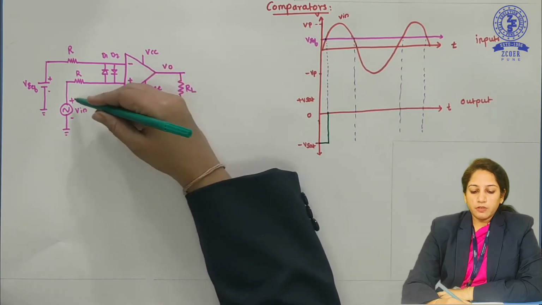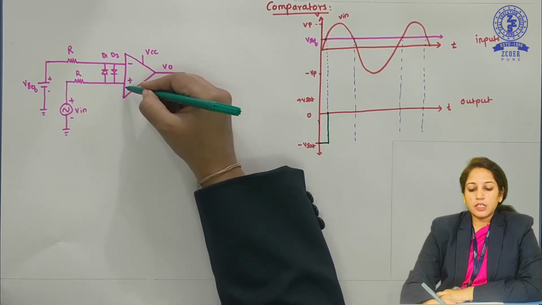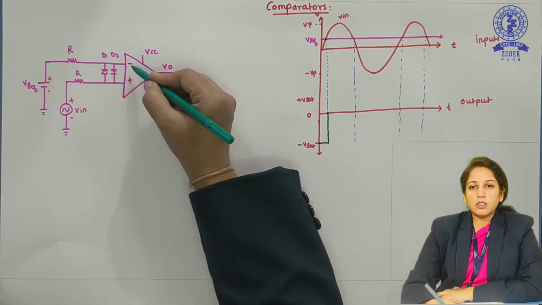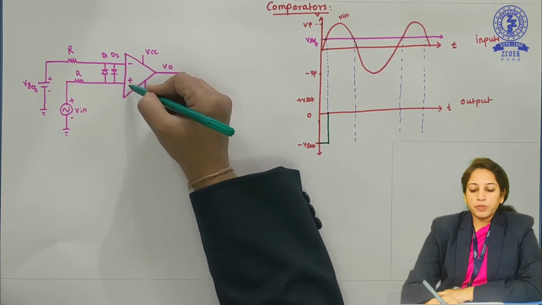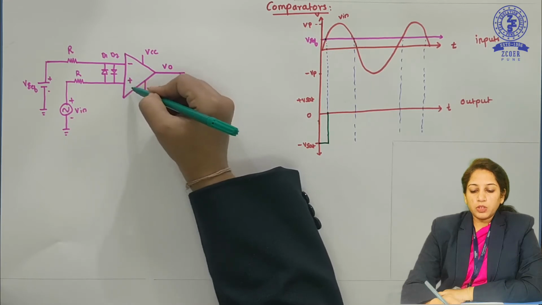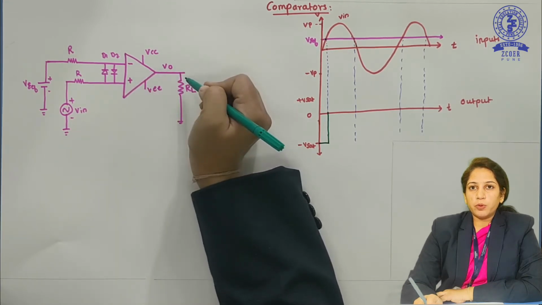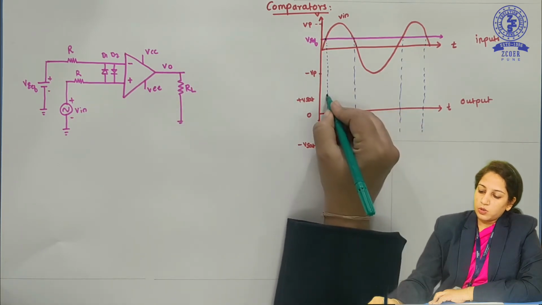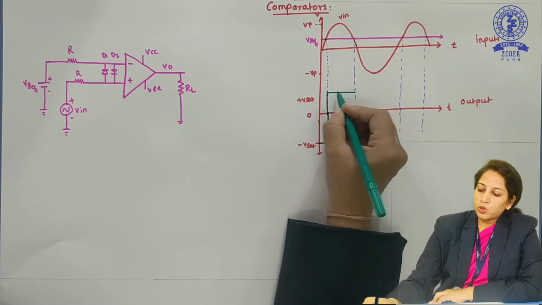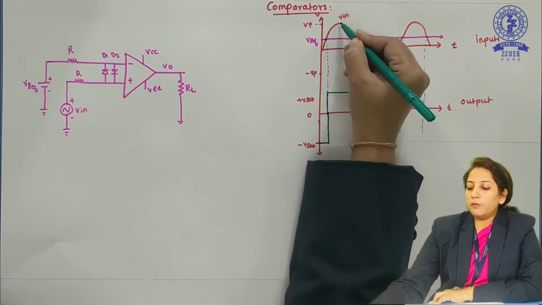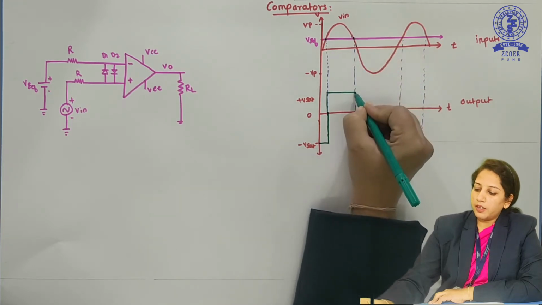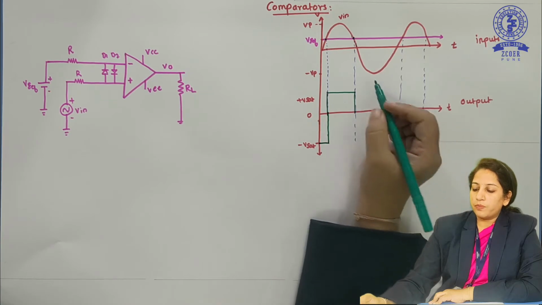That means the voltage applied to the non-inverting terminal is greater than the voltage applied to the inverting terminal. So the positive terminal voltage is greater, and I will get the output as plus V saturation. So here I will get positive V saturation. For the time period when V in is greater than V reference, and then again it will come to 0.